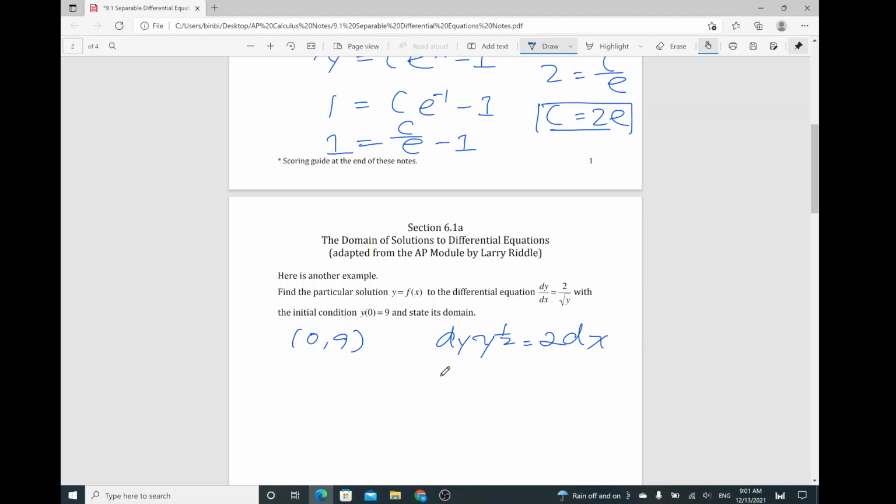Then integrate both sides. We get y to the power of 3/2 times 2/3, using the power rule on the left hand side, and that equals 2x plus c1.